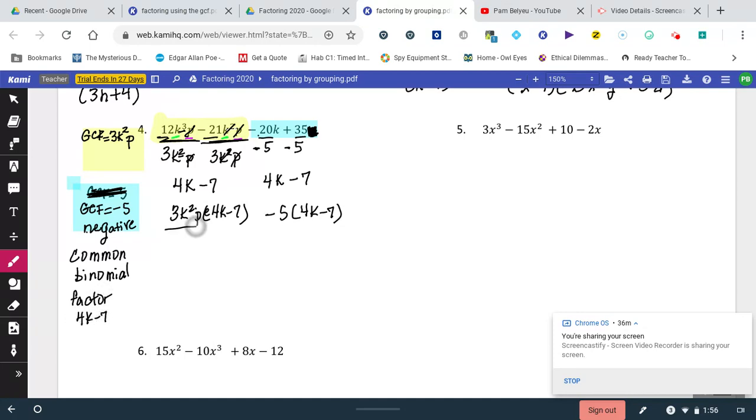So I'm going to factor out the 4k minus 7. Some of you don't need to do all this writing that I'm doing. Some of you won't divide by 4k minus 7 on both sides. You're going to go ahead and write 4k minus 7, and you're going to write 3k squared p minus 5.